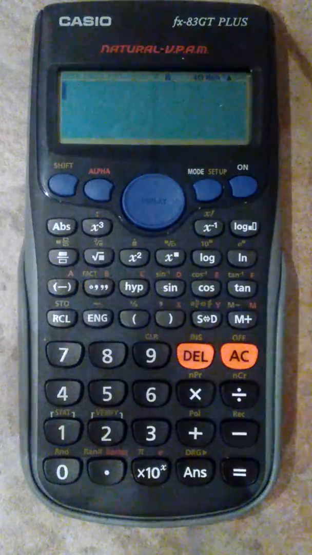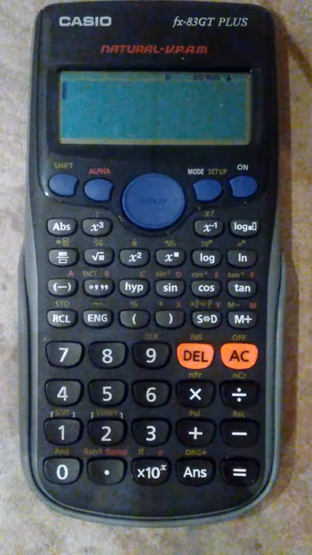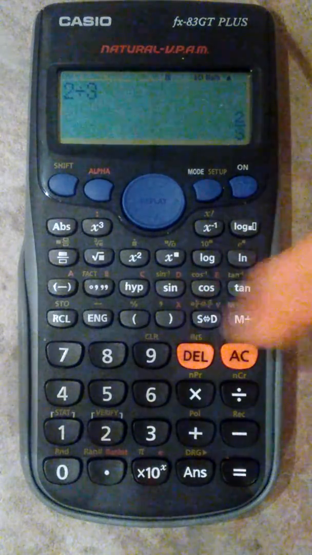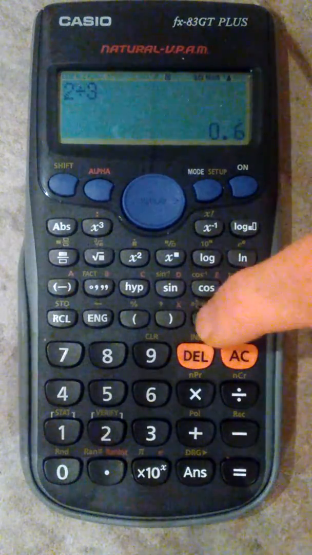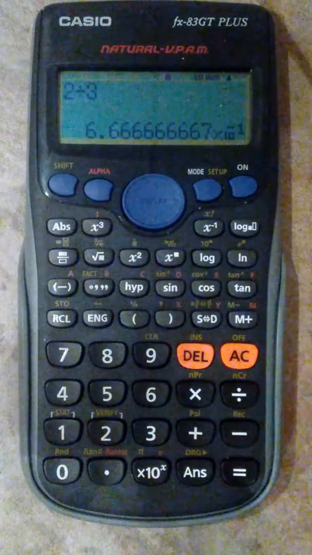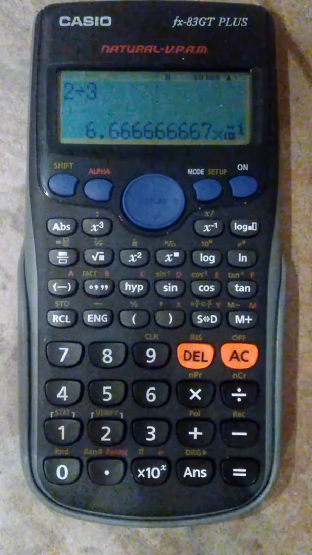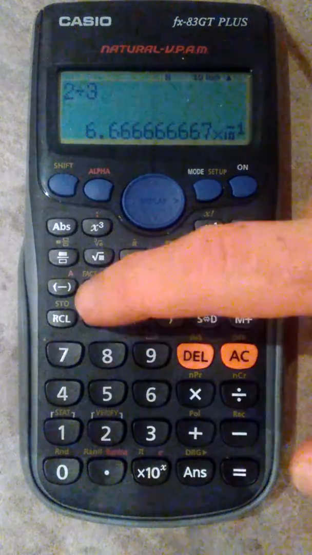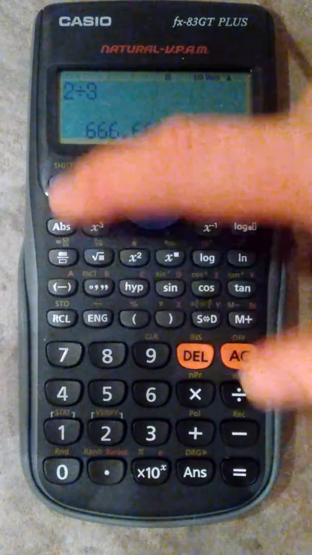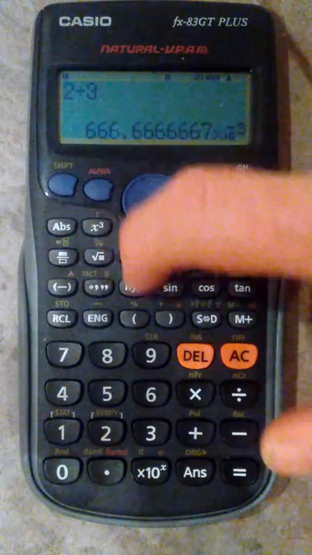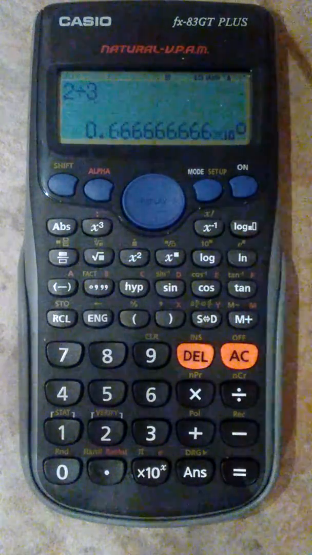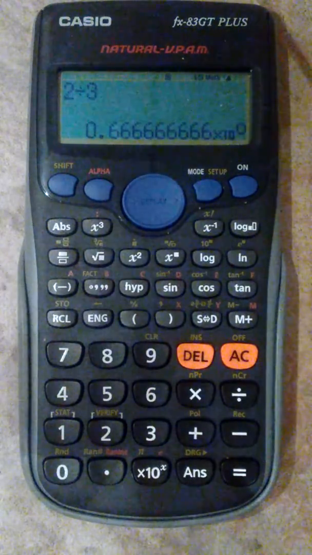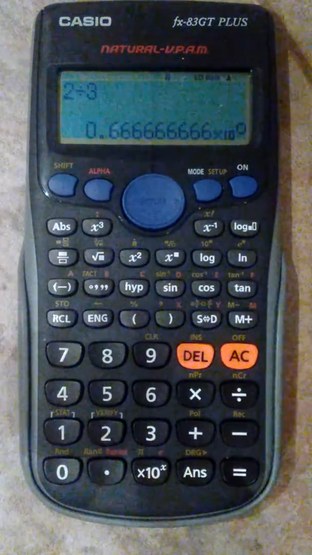If I do 2 divided by 3, that's 0.6 recurring, or 0.6666666, well, 6.6 times 10 to the minus 1. If I press ENG, I get times 10 to the minus 3. If I press the left arrow, I then get it times 10 to the power 0, which is the number that you normally write it as.